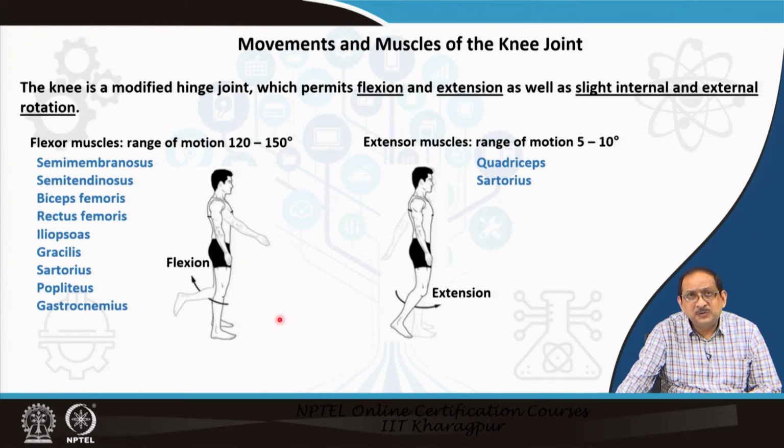These are two opposite movements. The flexor muscles responsible for the flexion movement are listed here, and the maximum range of motion that can be obtained during flexion varies from 120 to 150 degrees for different subjects.